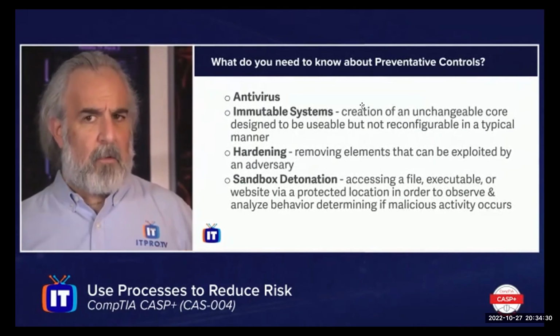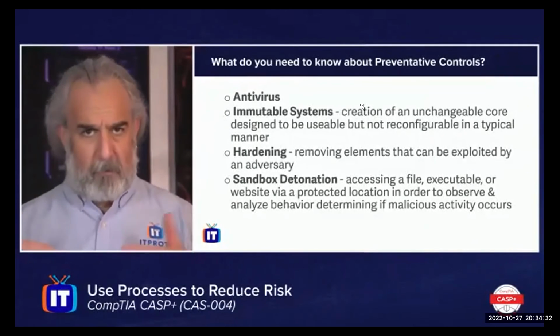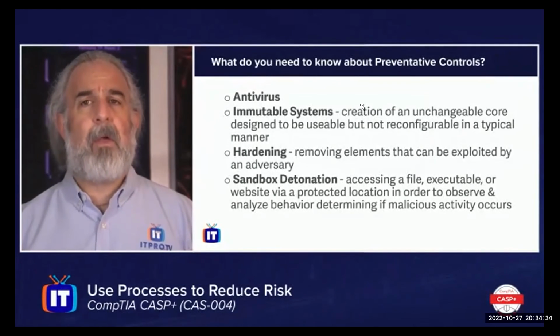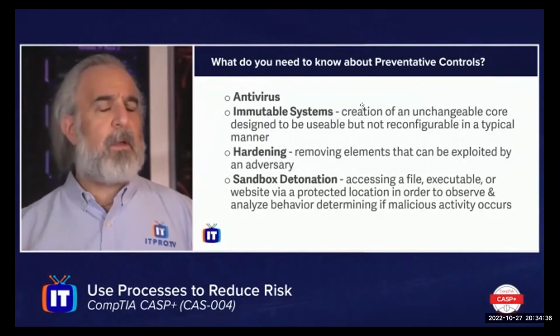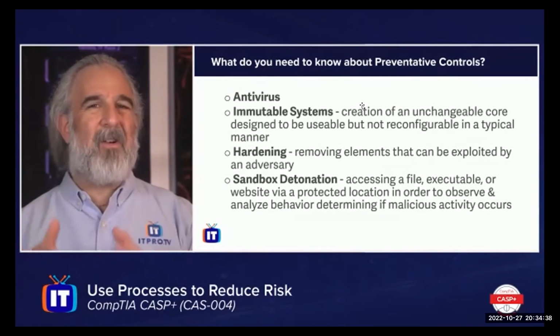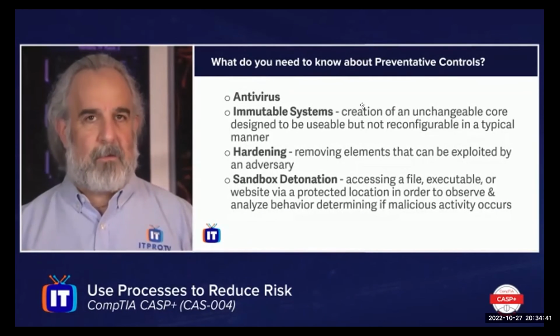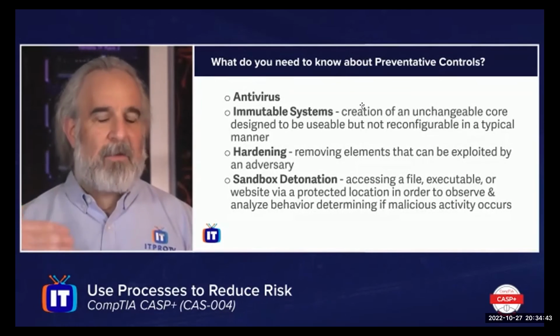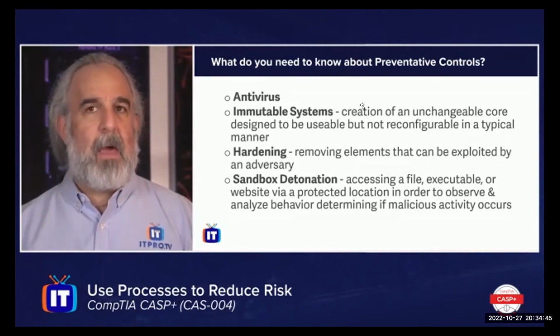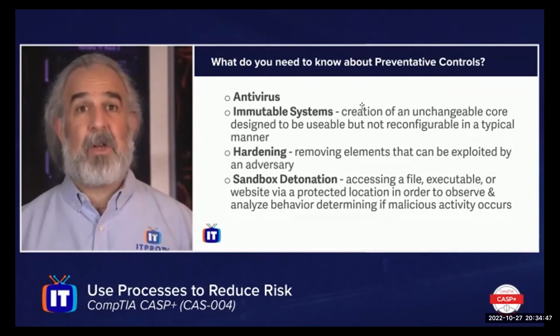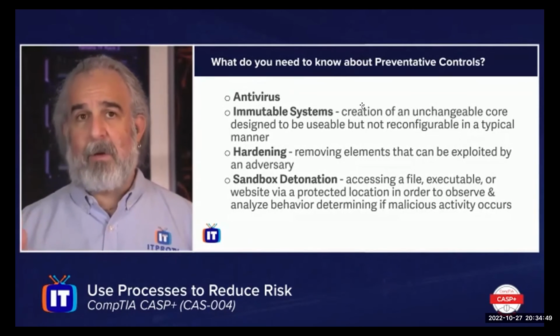Remember, the idea of a control, a safeguard, a countermeasure, these are all synonymous with one another. They all mean the same thing. Control, safeguards, countermeasures, their primary goal is to mitigate risk, to attach to it and address it in one or more ways.